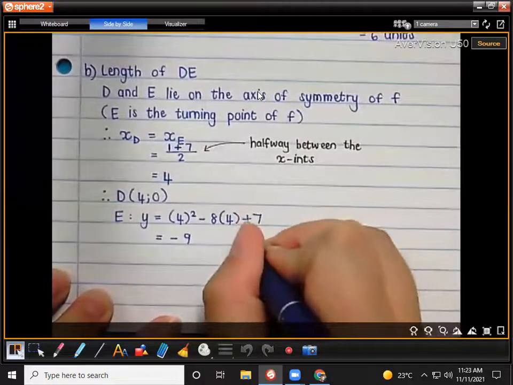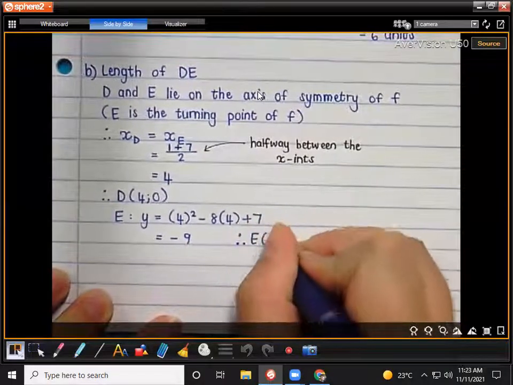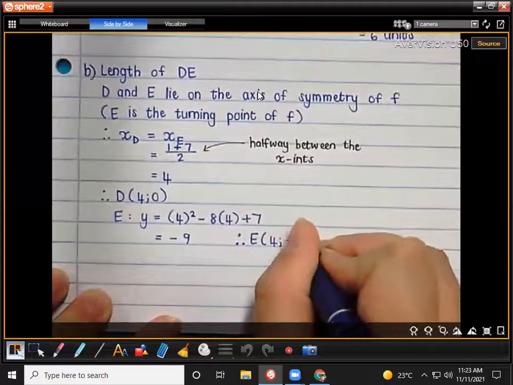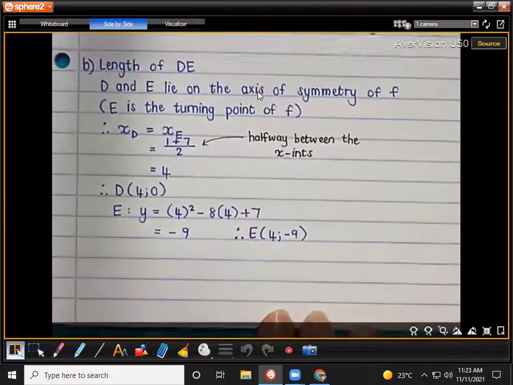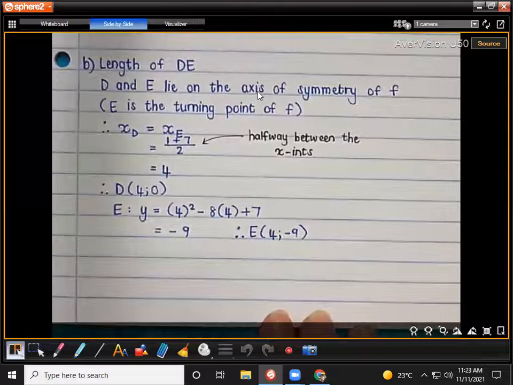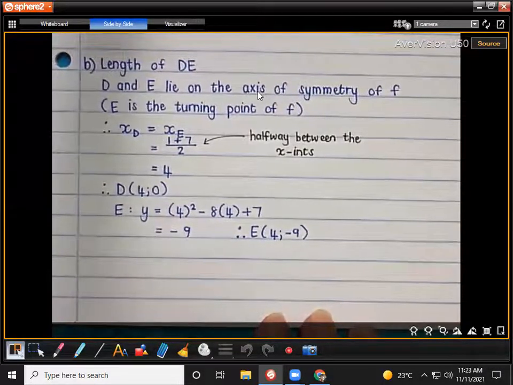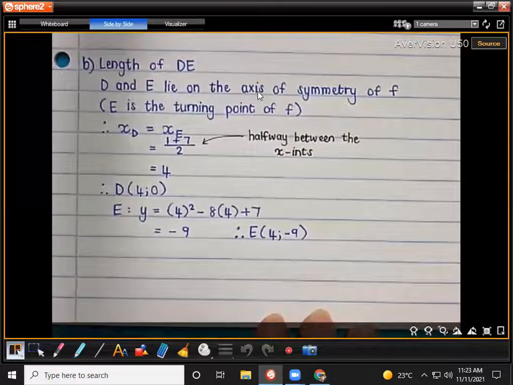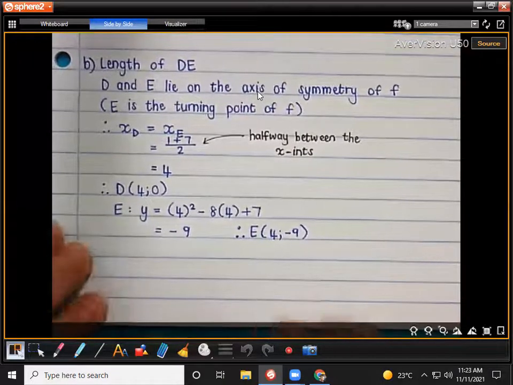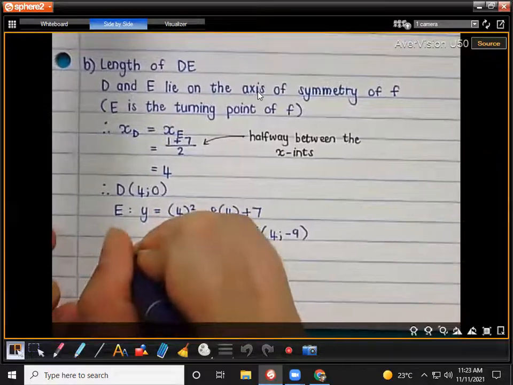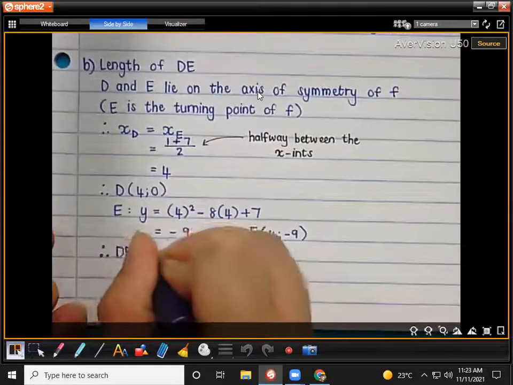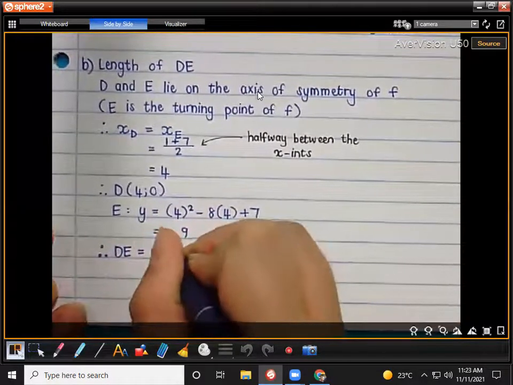So E is the point (4, -9). So what is the length of DE then? If it's going from 0 to -9, how many units is that? 9 units. Okay, from 0 to -9. So therefore, DE is 9 units.